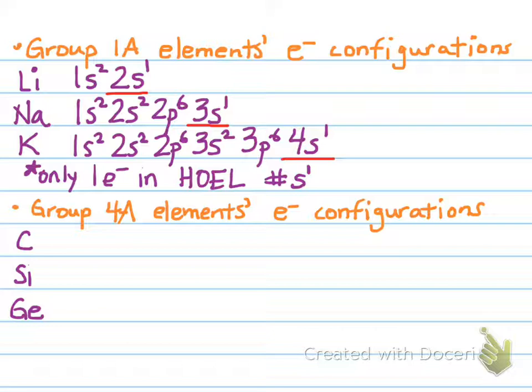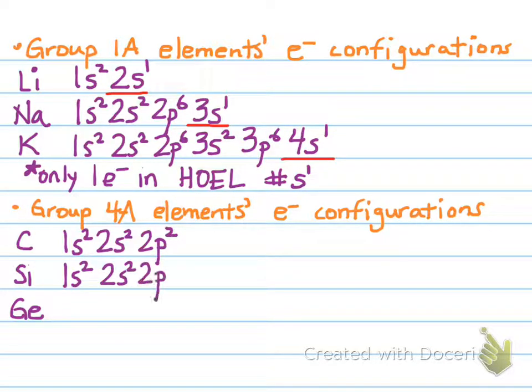So for carbon, which is atomic number 6, so it has 6 electrons, we have 1s2, 2s2, 2p2. For silicon, which has 14 electrons, 1s2, 2s2, 2p6, 3s2, 3p2.